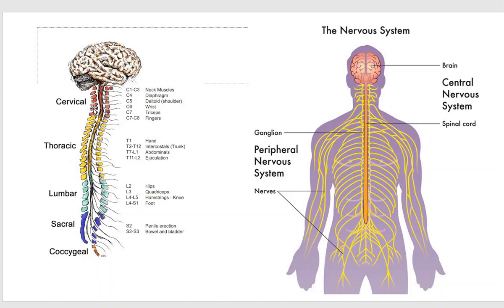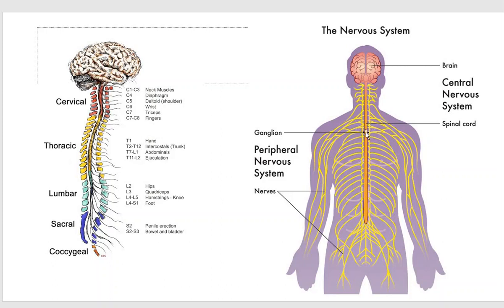And any injury that you get, by and large, there are always exceptions to the rule, but by and large, at the level of injury, all of the nerve supply downstream of that injury will be affected. So if you cut the spinal cord here, in the right hand picture, then all the nerves throughout the rest of the body would be affected and would either cease to function or have significantly reduced function.